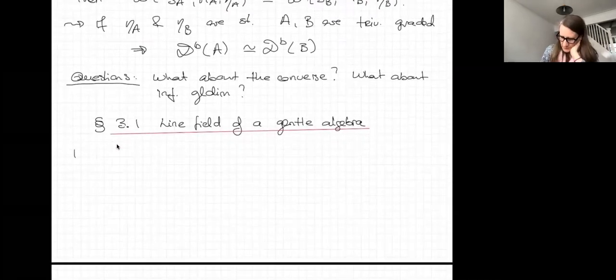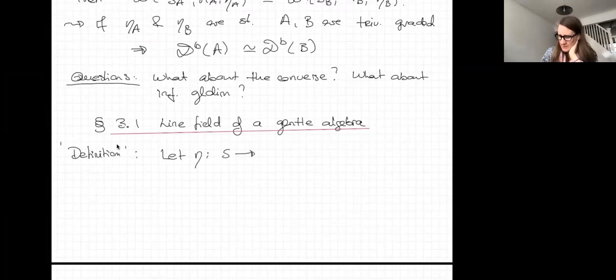I want to give a definition, but it's not really a definition. I mean, the line field is well defined. This is simply a section of the projectivized tangent bundle. So let that be a line field.